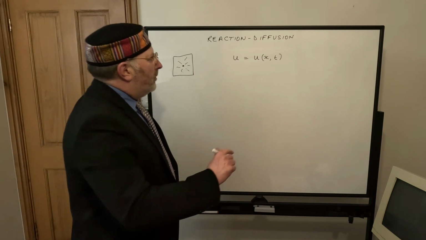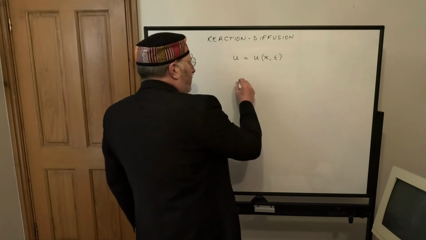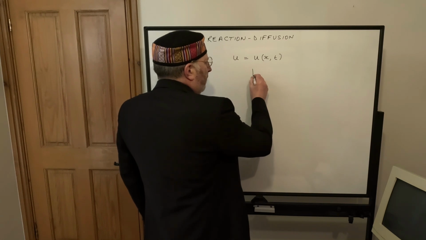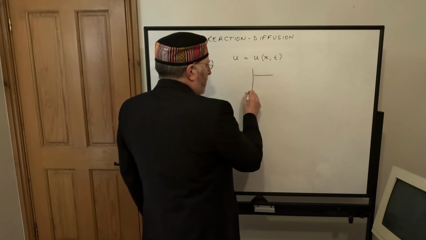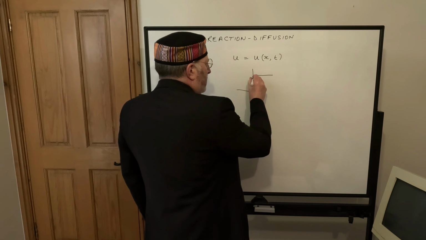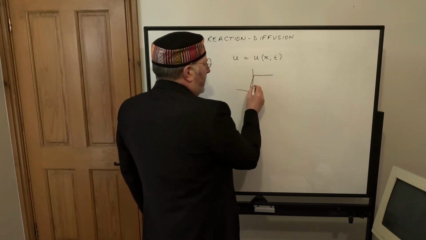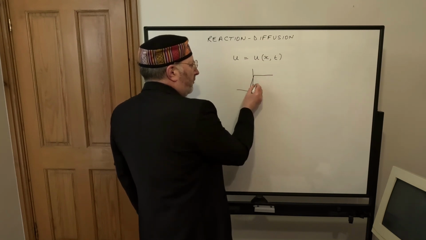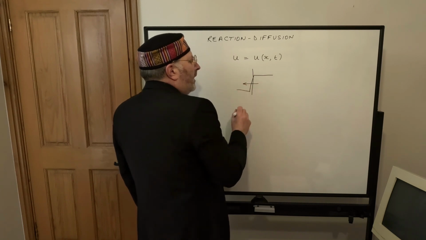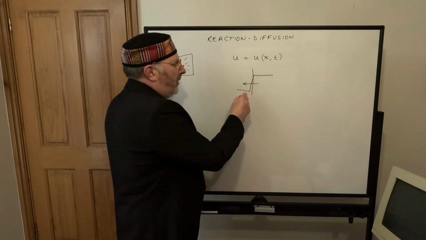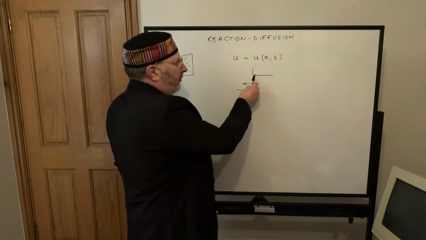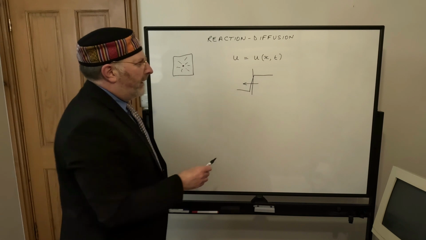And then we assume that if we've got a high concentration here and a low concentration here, firstly the substance is going to flow from high concentration to low concentration, and the rate of flow will be presumed to be proportional to the steepness of the change in concentration.